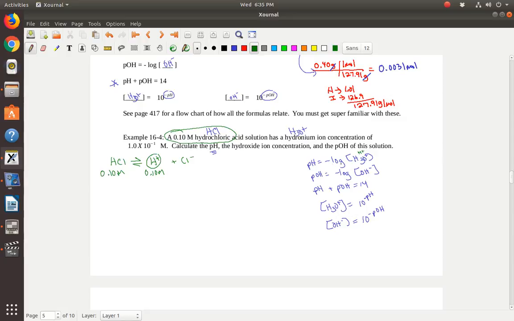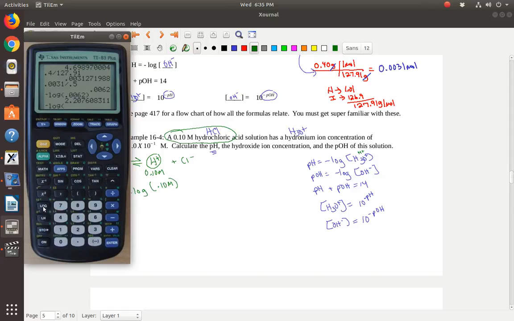The pH is also the negative logarithm of the hydrogen ion concentration. So to calculate the pH then, the pH is going to be the negative log of 0.10 moles. So what's that?